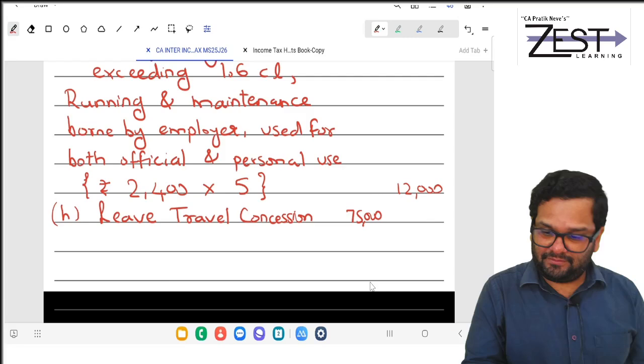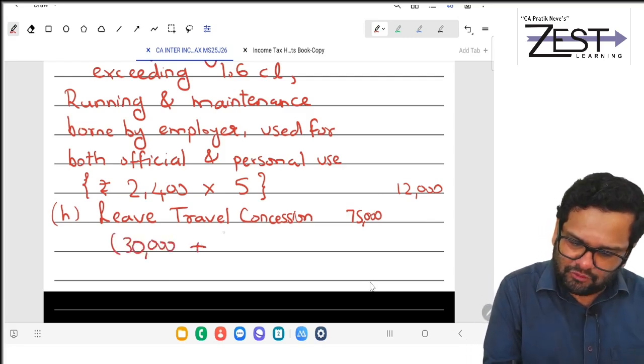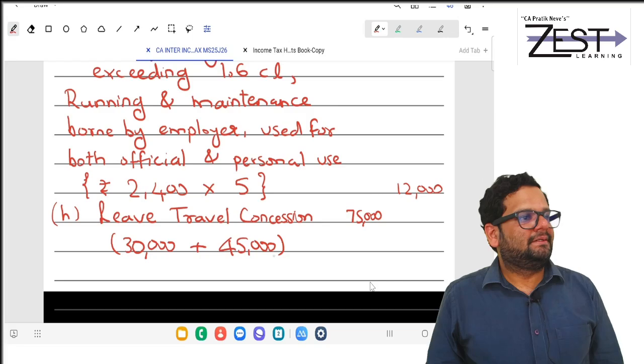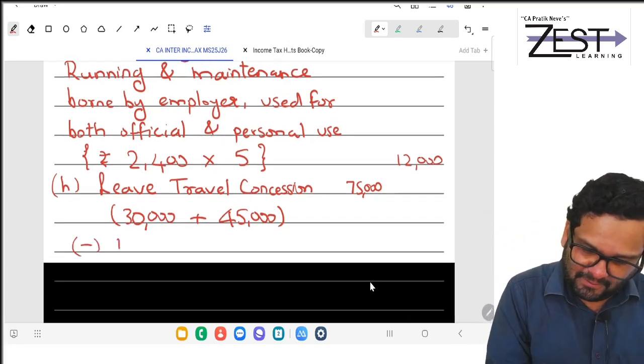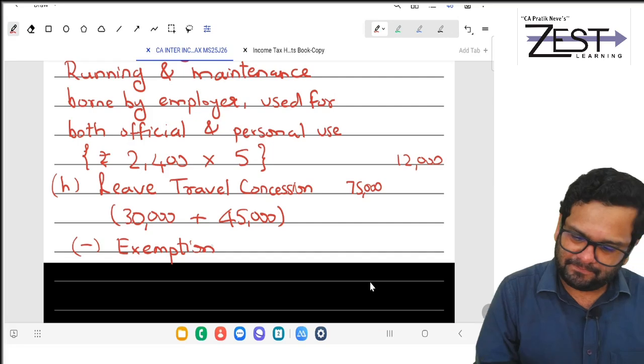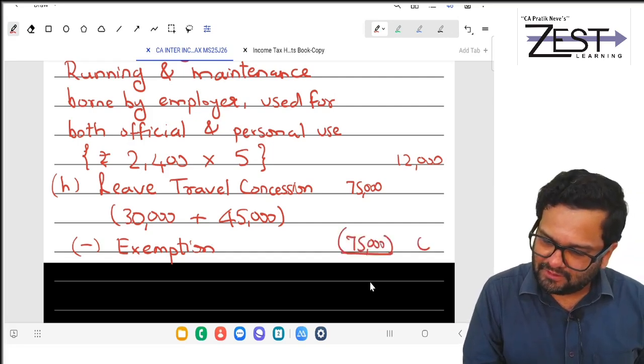Received is 75. 30,000 for adults and 45,000 for those 3 children. Less exemption 75,000. You write note for that. So nil.